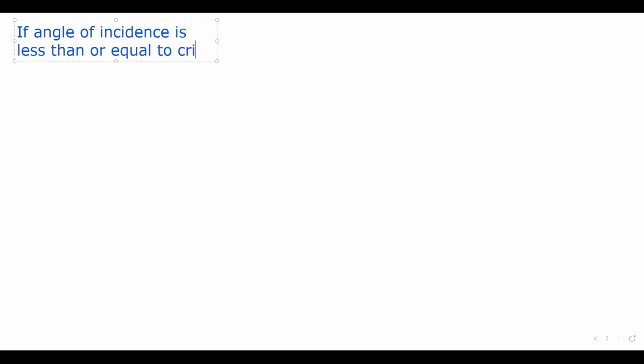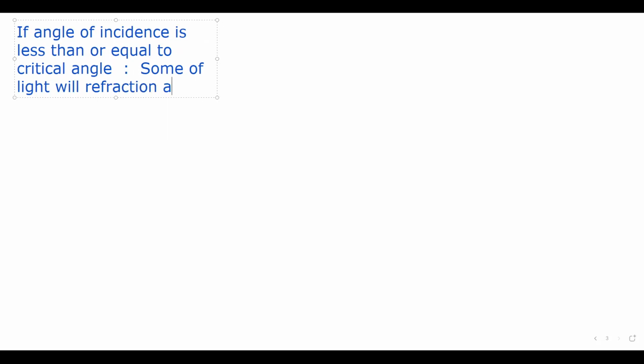So if the angle of incidence is less than or equal to the critical angle, then what will we observe? Some of the light will refract and reflect.